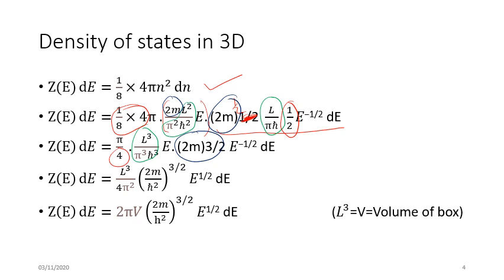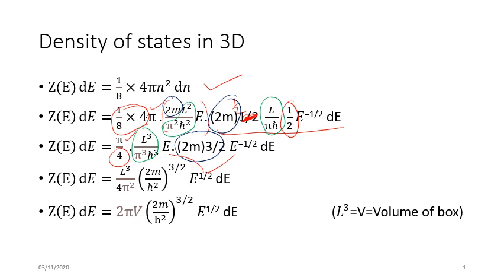This coefficient will be there, and this pi will be there as it is. Now E raised to minus half and E raised to 1 will give me E raised to 1 half. It is written as it is in this step, but in the next step I will write the combination like this, and dE as it is. Like this I have transformed this equation into this equation.